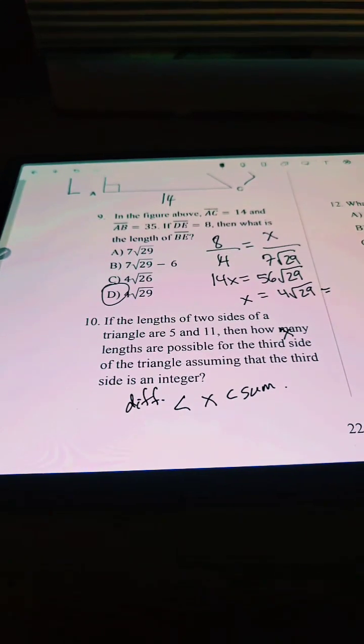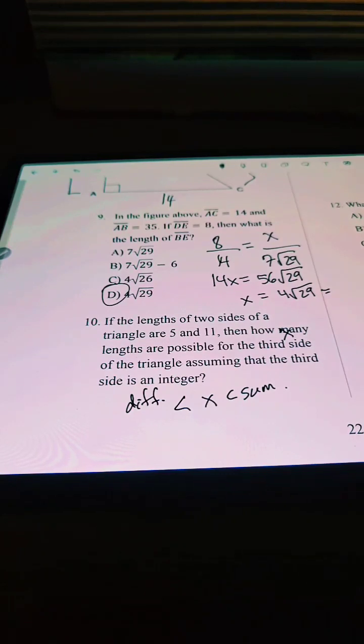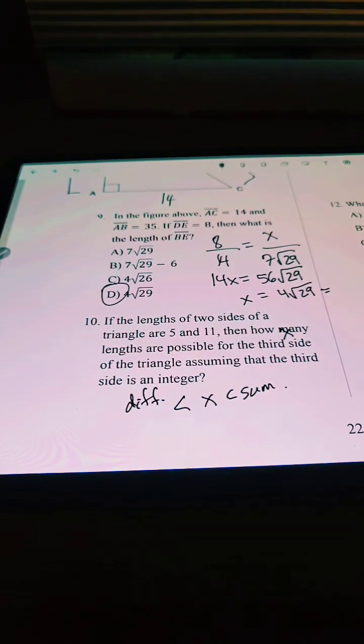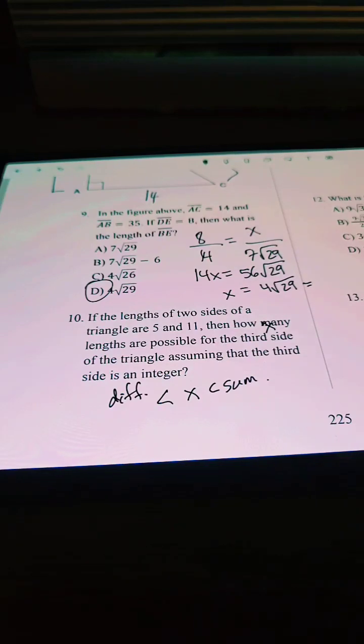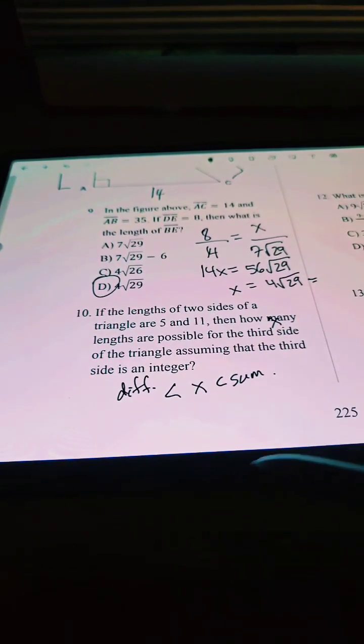It's a quick formula way to see this, because it is based off the triangle inequality theorem, the one that we did a couple problems back, that says that if you add up two side lengths of a triangle, it should always be greater than the third side. But this is just another way of viewing that.